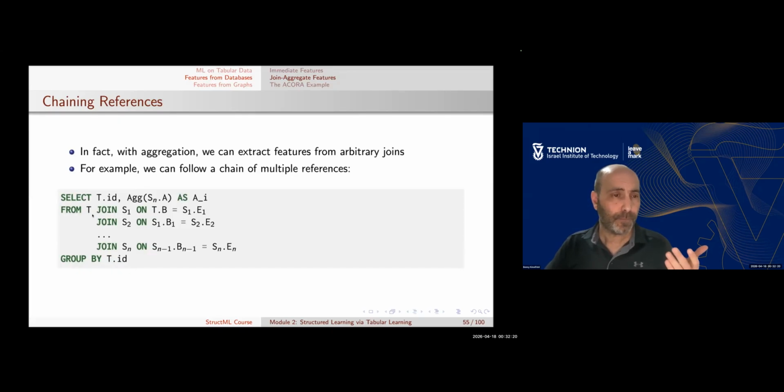So you can think of arbitrary queries of the form select T.id, comma, aggregate over some relation, group by T.id, and then what you have here in the from is T join, and then a sequence of tables, S1, S2, all the way to the table, the relation from which you use the aggregated attribute.